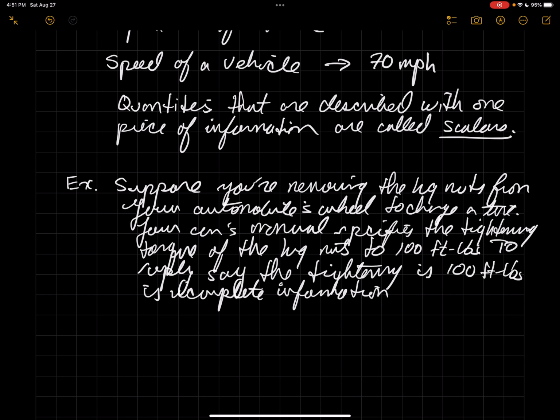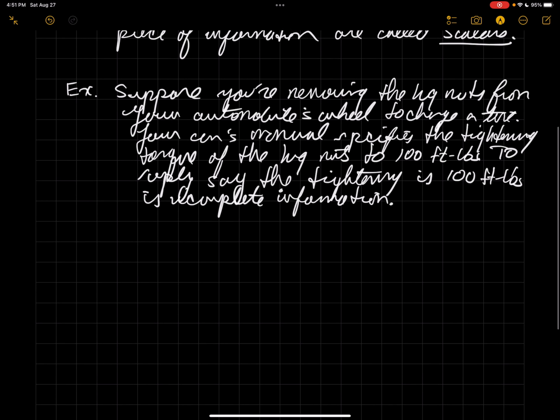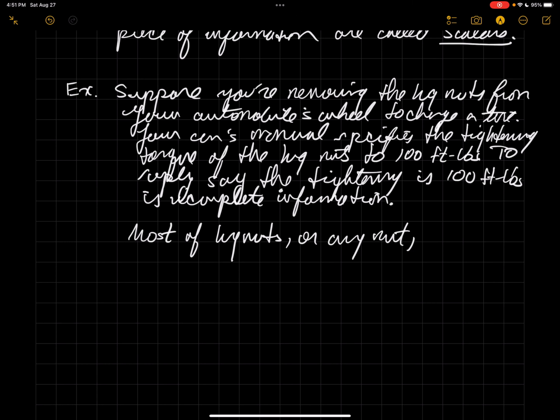So what do I mean by that? Well, what I mean is the vast majority of lug nuts, or any nut for that matter, are tightened in a clockwise fashion.